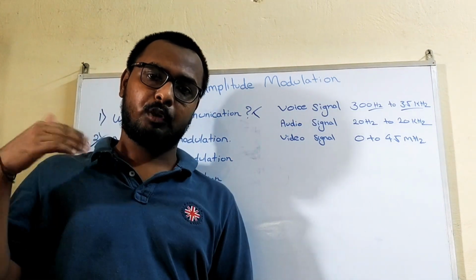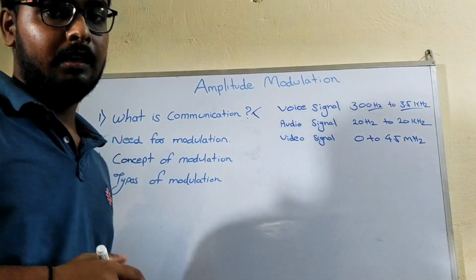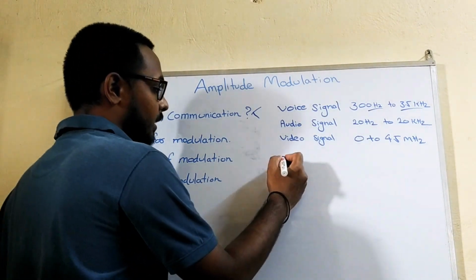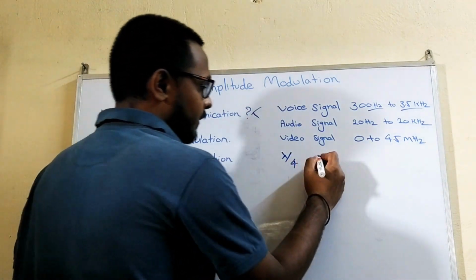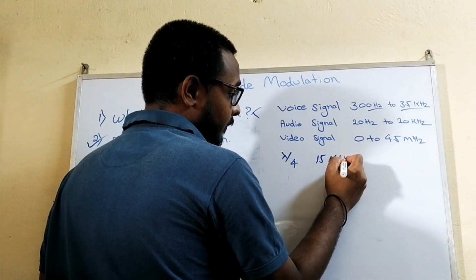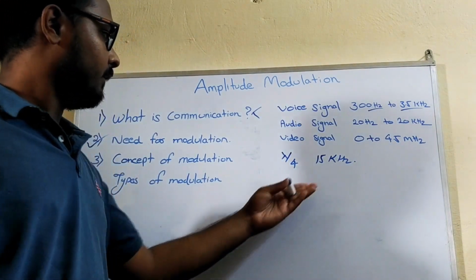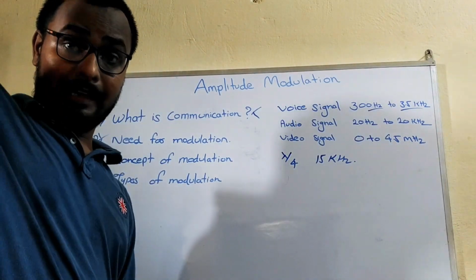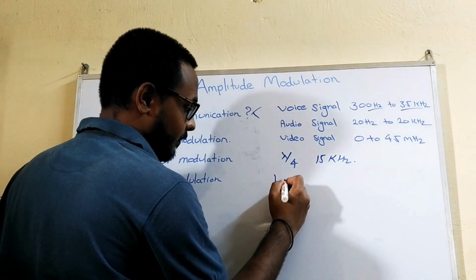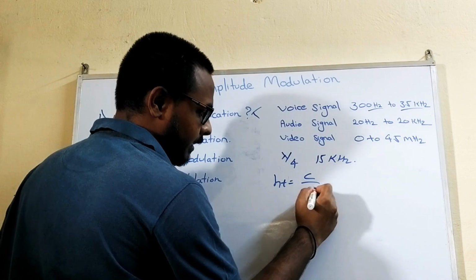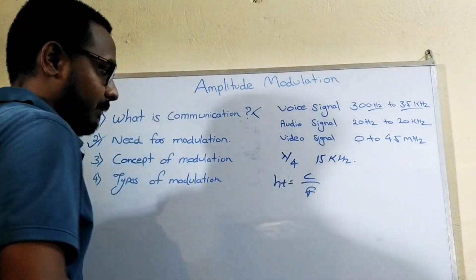We know that for propagating our signal through an antenna, the antenna height is lambda by 4 of the message wavelength, and generally we send a 15 kHz signal. If we calculate the height of the antenna so that we can propagate our message, the wavelength is C by F, where C is the velocity of light and F is our frequency.